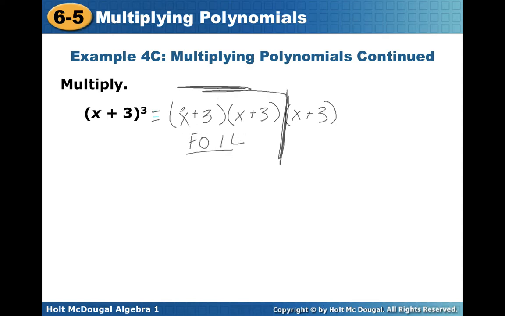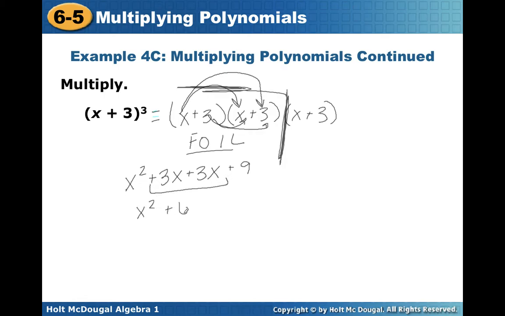So for FOIL, we're going to do first, outer, inner, and then last, getting us x squared plus 3x plus 3x, and then plus 9. We can combine the middles to get us x squared plus 6x plus 9. That is only to solve these two. We still have to multiply in a third one.